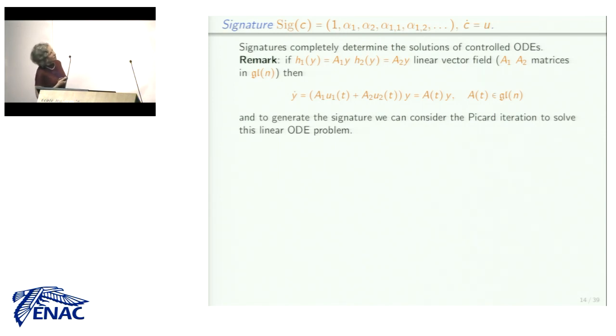So, how do I generate my coefficients of the signature? It's enough to apply a Picard iteration to this problem in order to generate all the terms that I have in the signature. So there is a tight connection between this simple linear problem and the previous more complicated nonlinear problem.